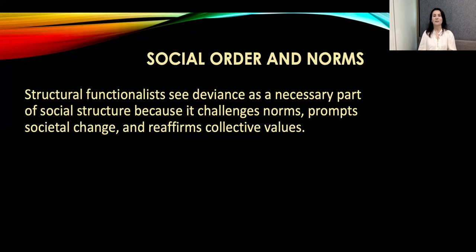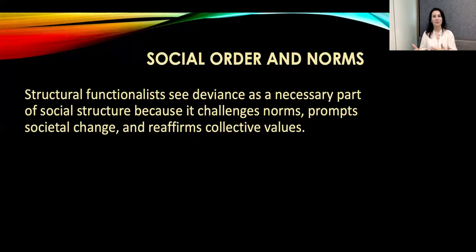Structural functionalists see everything as being part of society, and society needs them. Anything society has, that means society needs it, even crime and deviance. And we will explore more about why deviance, according to structural functionalists, is a very functional part of society. They view deviance as being one of the things that keeps the social order.